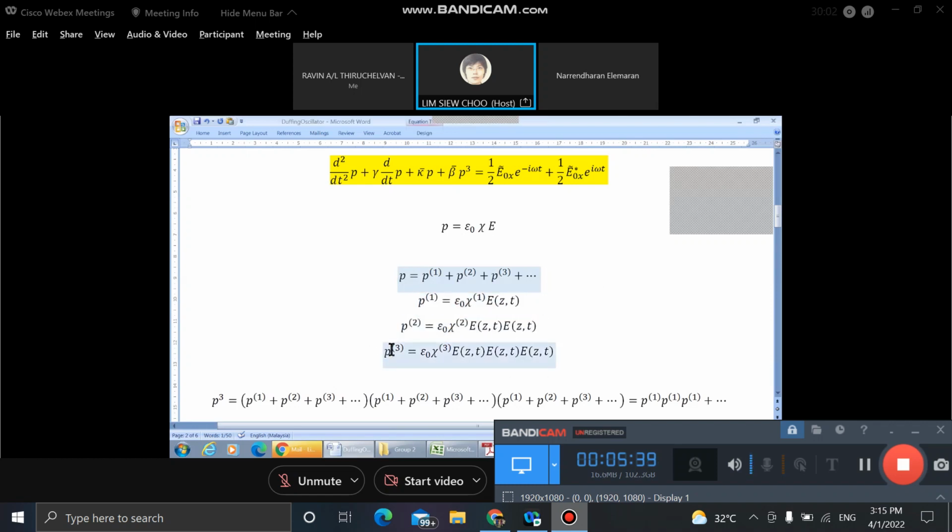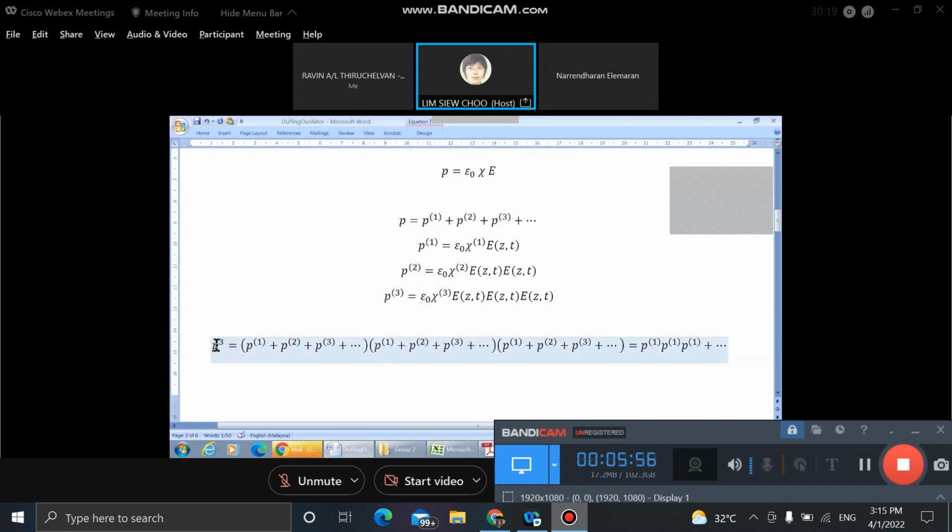P3 is epsilon naught chi3 EEE. These are all P, no problems. But in this one you have P to the power of 3. So you can see this is our P, this is our P, and this is our P.